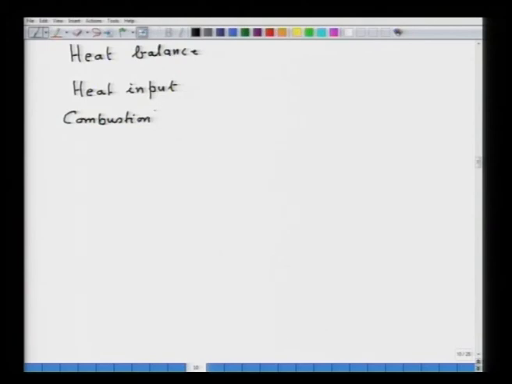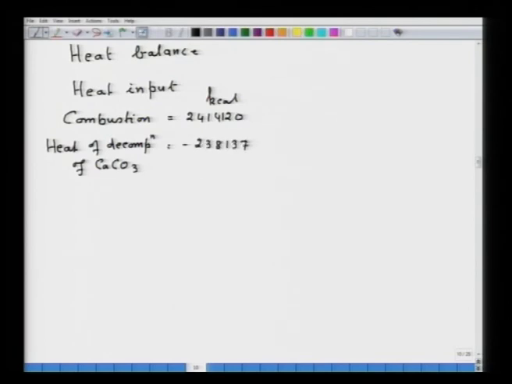So, this heat input by combustion will be equal to 241,4120 kilocalorie. Then heat of decomposition of calcium carbonate, because this is endothermic. So, if I take combustion as positive, then this will be equal to negative 238,137. This is the heat input.